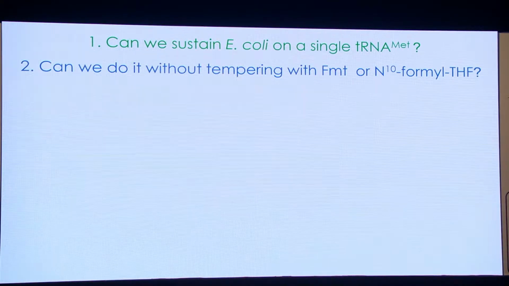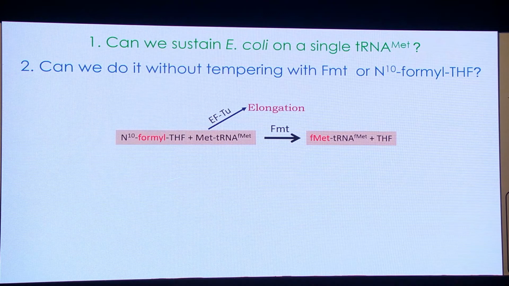And another question that we asked was, can we do it without tampering with FMT and N10 formyl tetrahydrofolate levels that our suppressors did? Basically, if you look at these things, FMT is helping, N10 formyl tetrahydrofolate is helping, but the tRNA itself is also involved there.